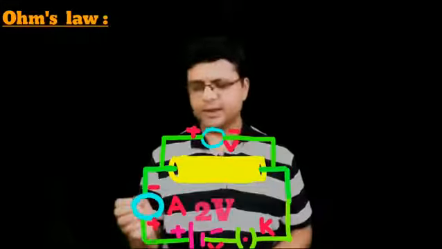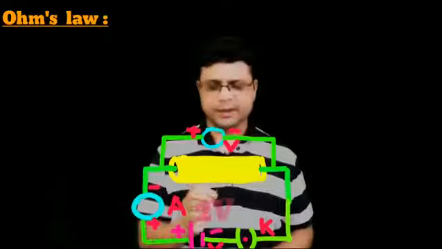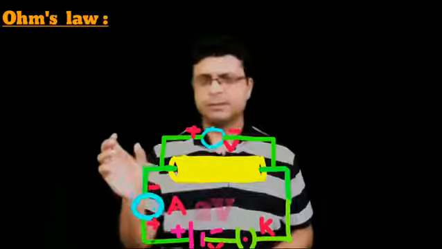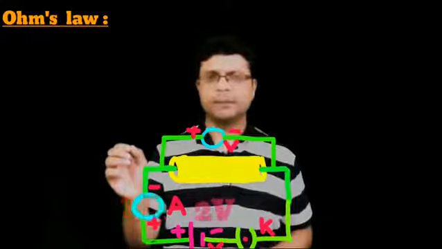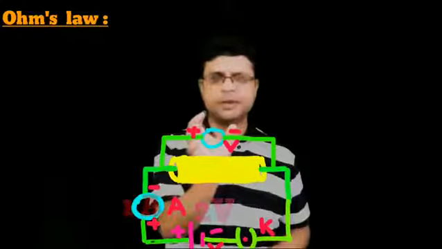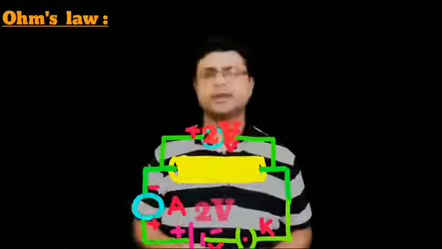That means some current is flowing and there is potential difference. Here V is 2 volt and we measure the current, it is 1 ampere. Then we observe the potential difference with the help of this voltmeter. It is 2 volt.